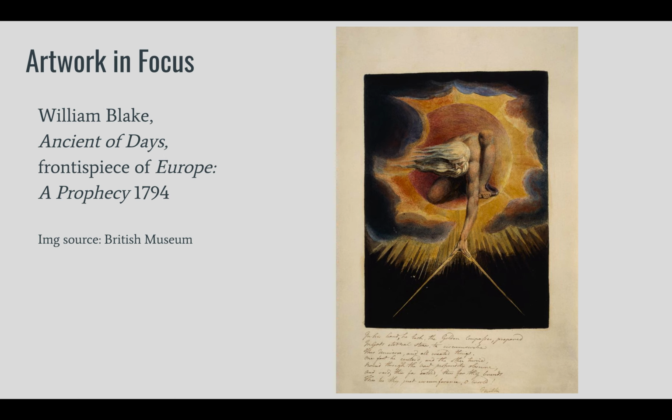He thinks that reason is taking away from the spirituality of man, and that's a shame. So this depiction shows not a Christian God. It shows a godlike figure, Urizen, who is associated with reason and law. He's creating the universe. He has this compass reaching out.